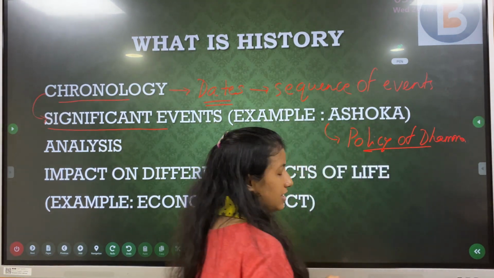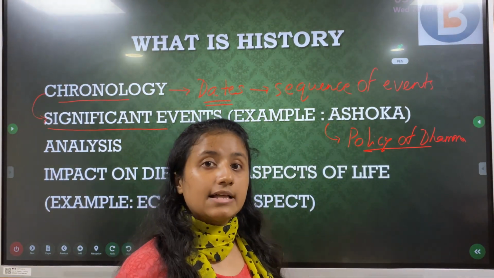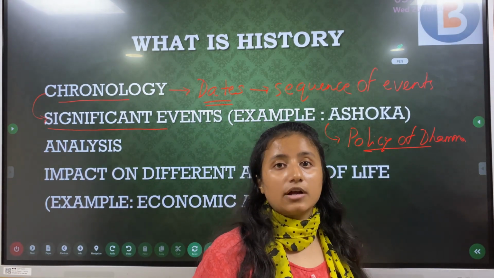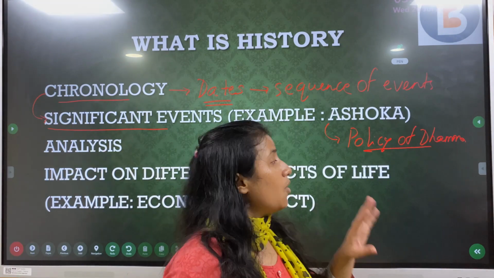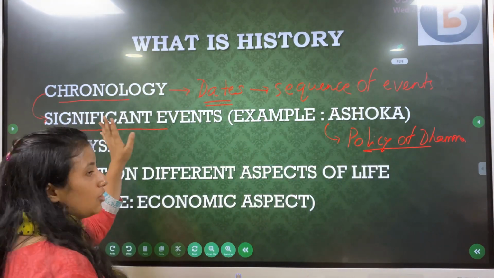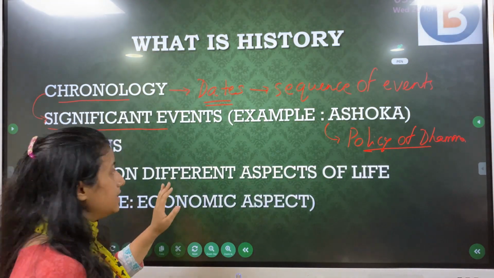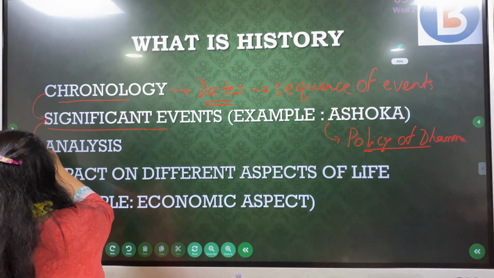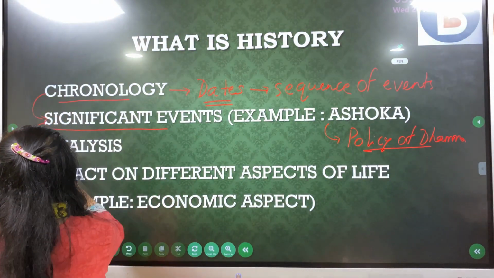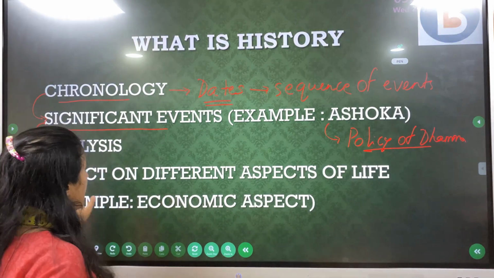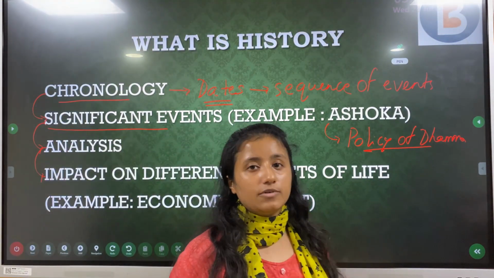That is a significant event. How he was very saddened by the death and destruction that followed the Kalinga war, that is a significant event. So, the chronology of significant events and their analysis. Why do we have to analyze them? Because those events have significant impact on different aspects of life.